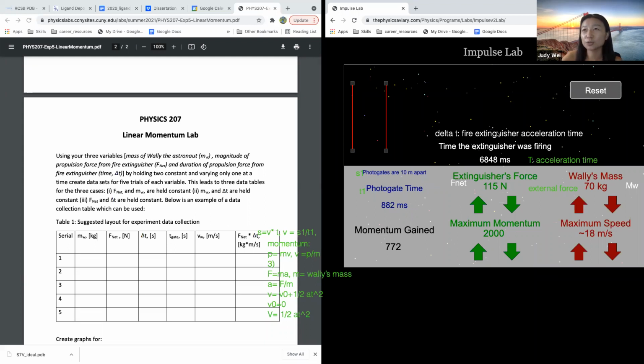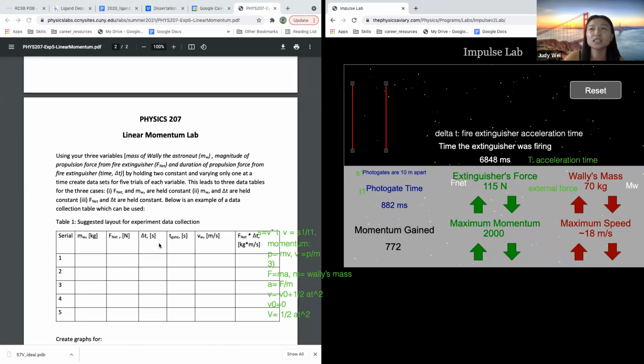As I already showed you, we pick 5 different points, and we stop around those points, and we have a different extinguisher time. So Wally's mass is 70 kilograms, and F net is always 115. Always read the information from the screen and put it here.